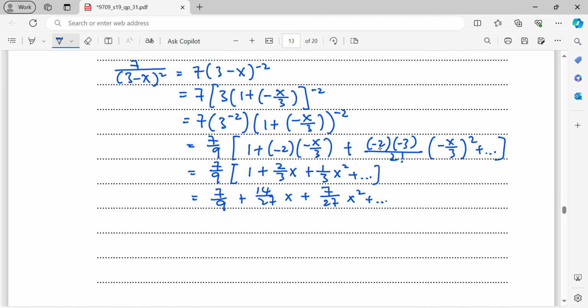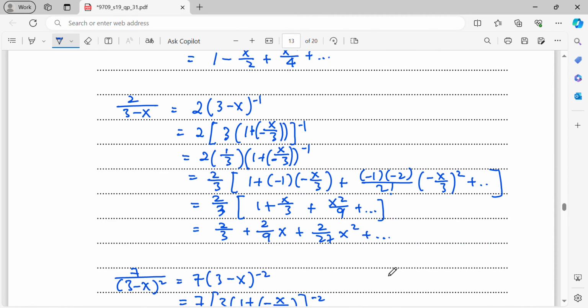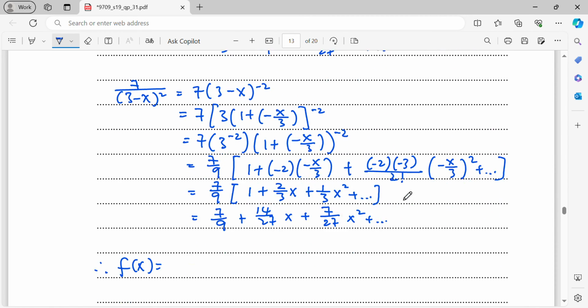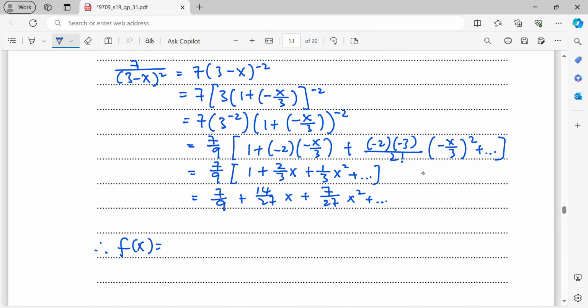Okay, lastly, the expansion. It will be the first expansion plus the second minus the third expansion. Okay, so I will just rewrite 1 minus x over 2 plus x squared over 4.